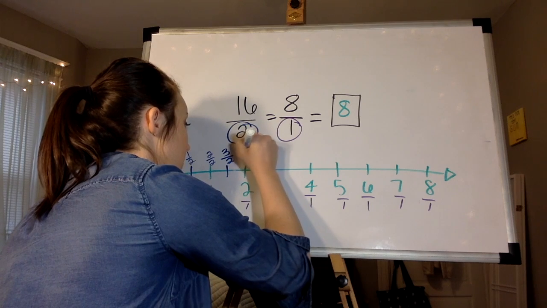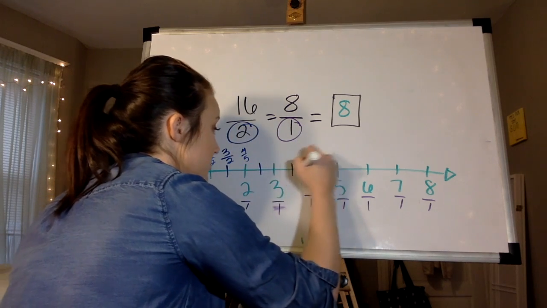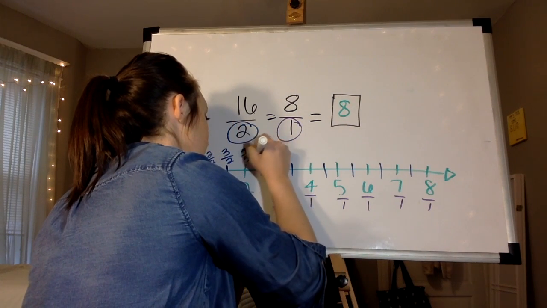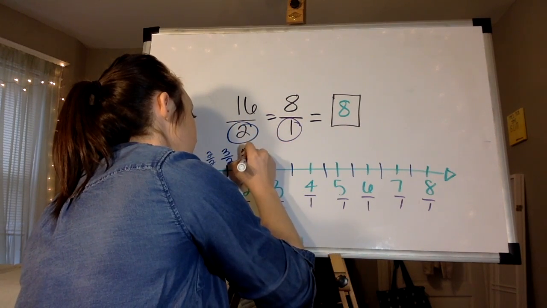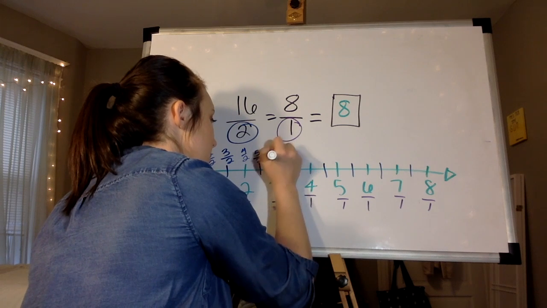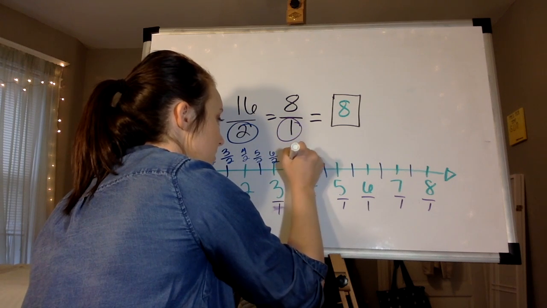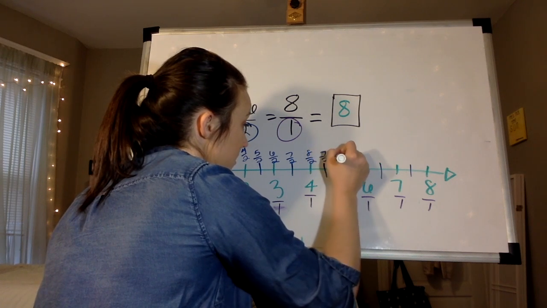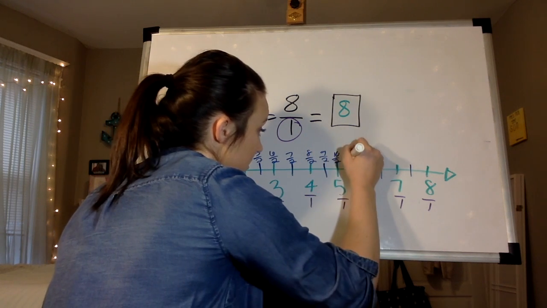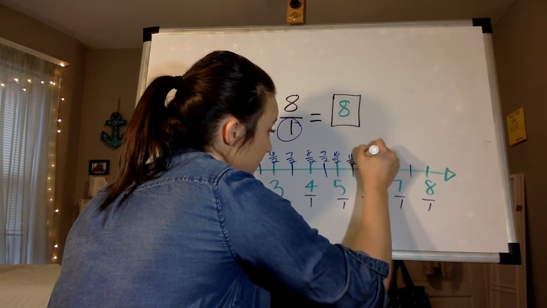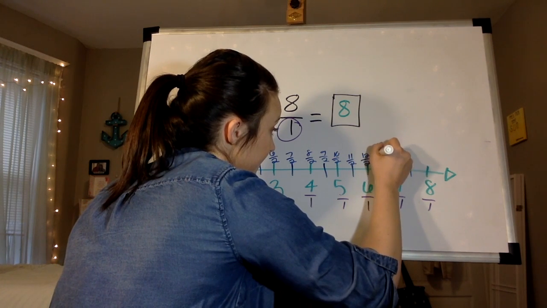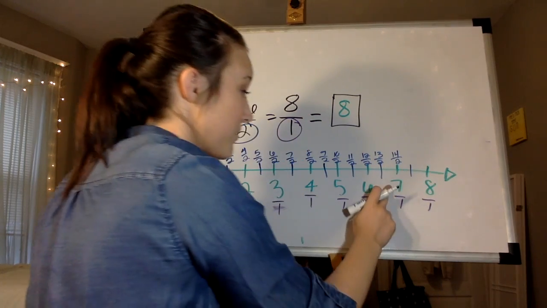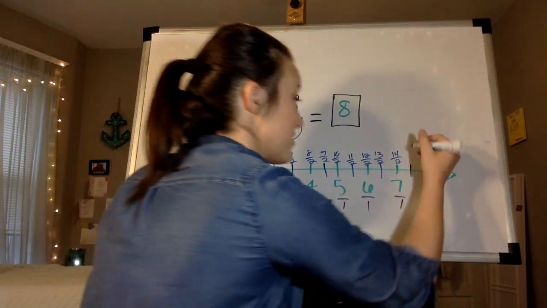So this would be 4 halves, and it's split like this. 5 halves, 6 halves, 7 halves, 8 halves, 9 halves, we're still going, so I'm at the whole number 7, and I'm at 14 halves.